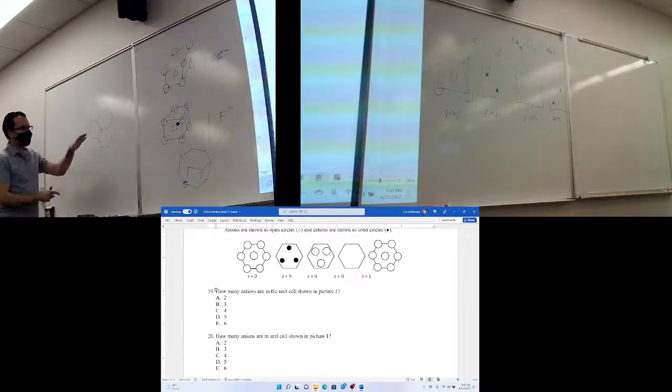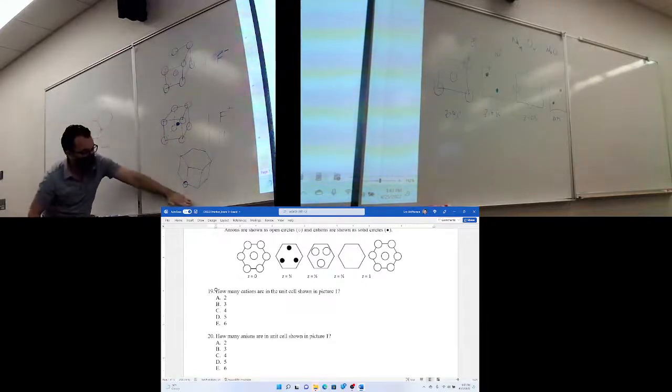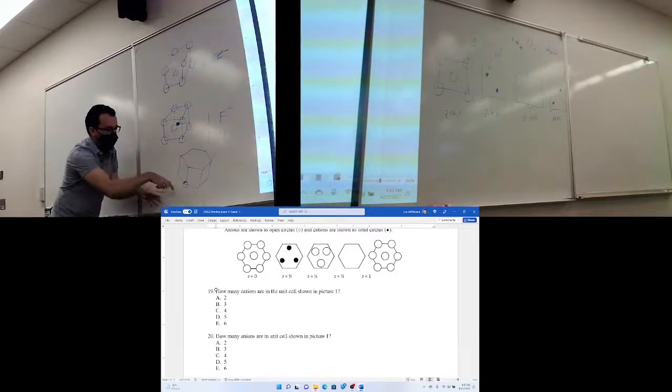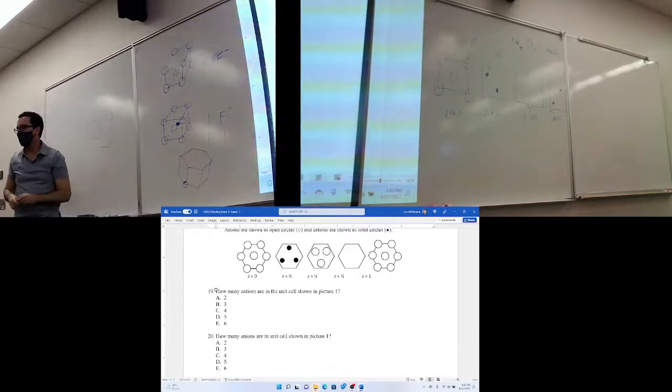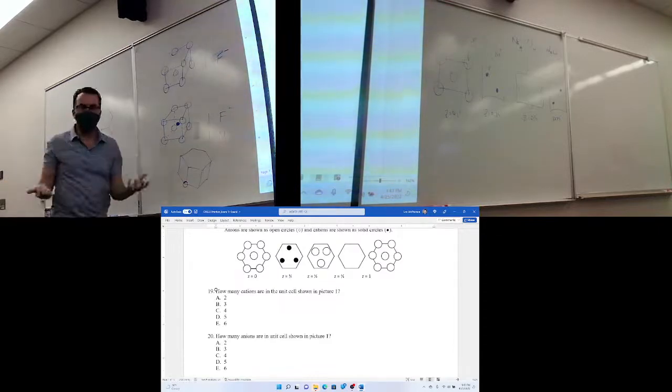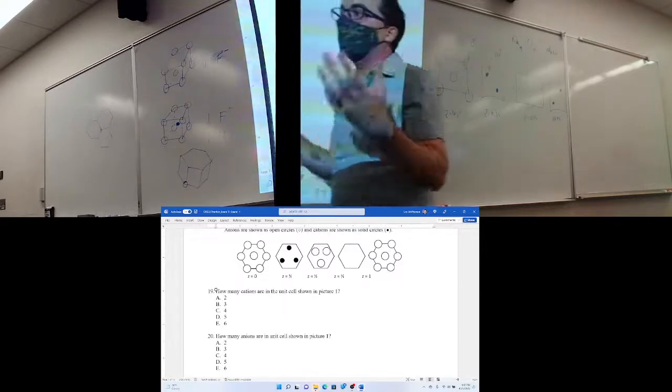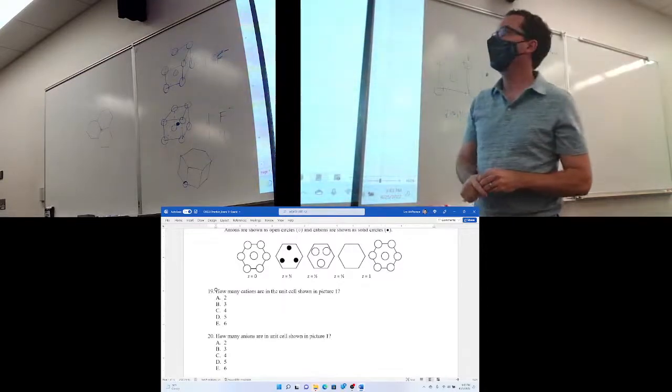But then if I go one layer down, there's a hexagon right underneath this one, plus another one and another one. So there's 6 unit cells that share that corner. And because only 6 share the corner, each corner counts as a 6th. And there are 12 corners, so it just happens that the corners count up to 2.